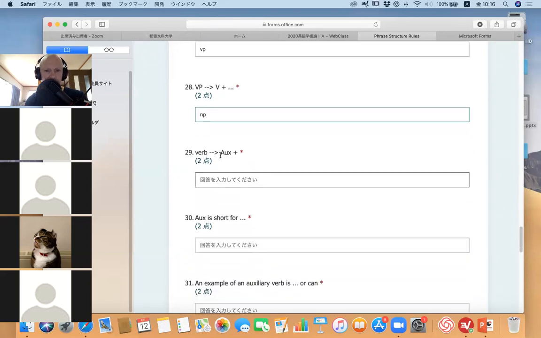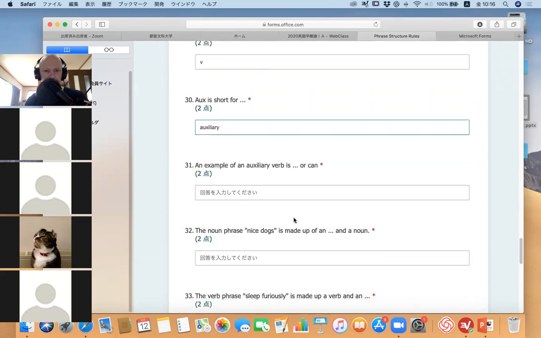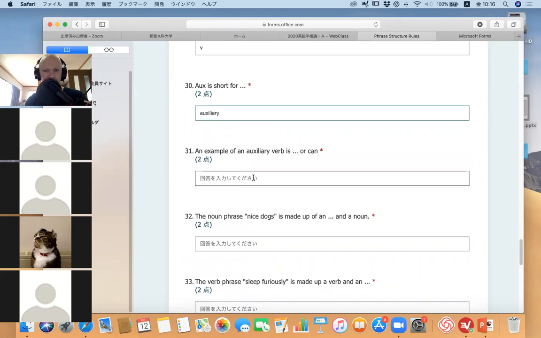Okay, and a verb is auxiliary plus V. I think I'll allow verb as well, actually. V will do. Aux is short for auxiliary. An example of an auxiliary is, let's say, may or should, or did, that kind of stuff.